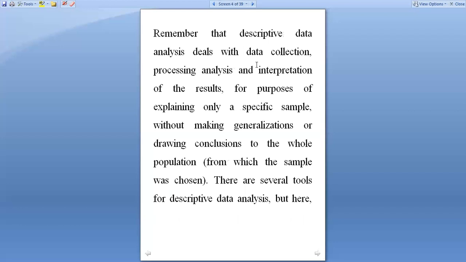We reminded you that descriptive data analysis deals with collection, processing, analysis, and interpretation of results for explaining a specific sample, without making generalizations or drawing conclusions to the whole population. There are several descriptive data analysis tools.